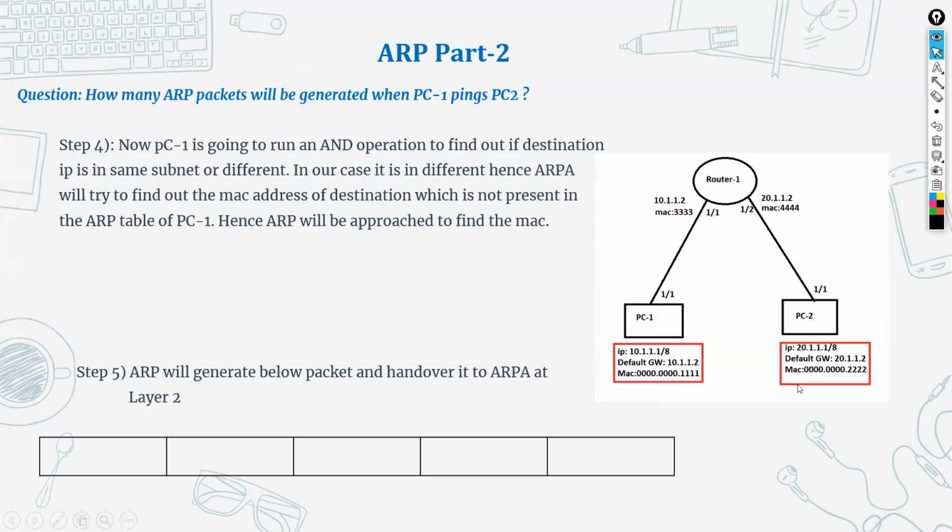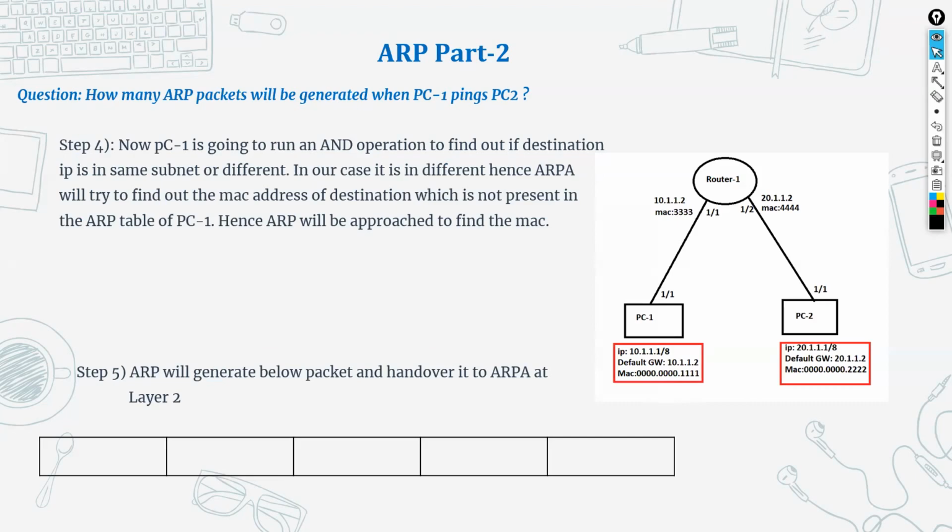Now let's go back here. So we were at step number 4, wherein ARPA was trying to find out the MAC address, right? The problem here is that if you remember, in the ARP table of PC1, there was only the IP and MAC information of PC1 only, but there was no information of the MAC address of the gateway, which is 10.1.1.2.